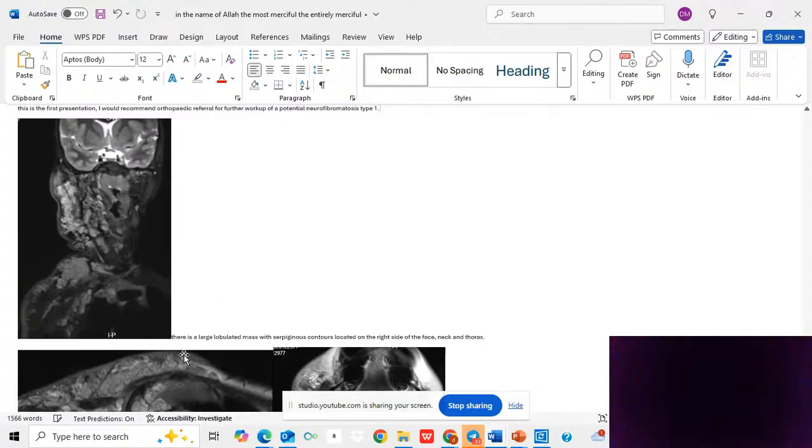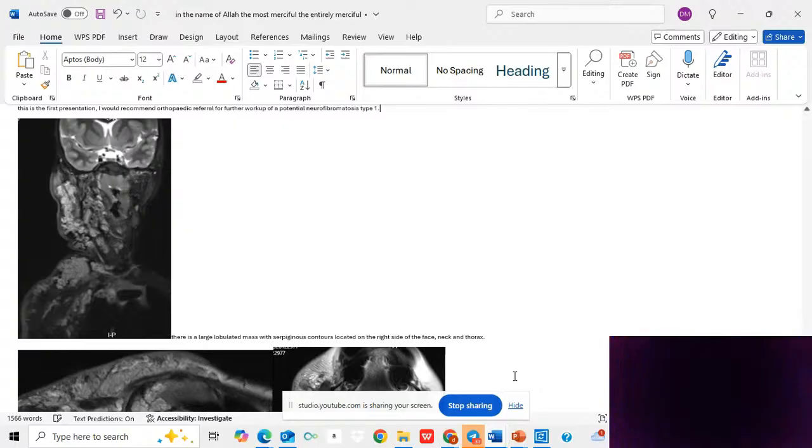And in this image, you can see that there is a large lobulated mass with serpiginous contours located on the right side of the face, the right side of the neck, and the thorax.